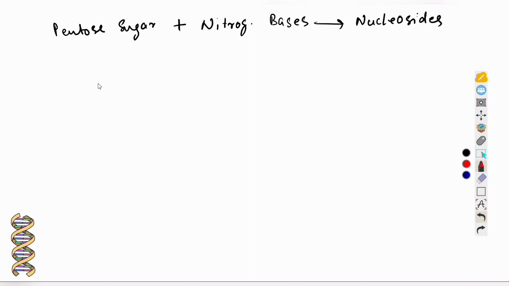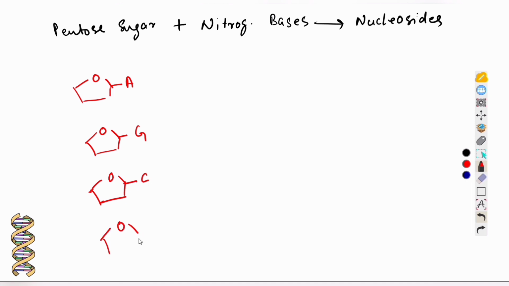Suppose this is a pentose sugar containing adenine. This is a pentose sugar containing guanine. This is the pentose sugar containing cytosine, and this is the pentose sugar that contains thymine. So as they are fused together, these are nucleosides.